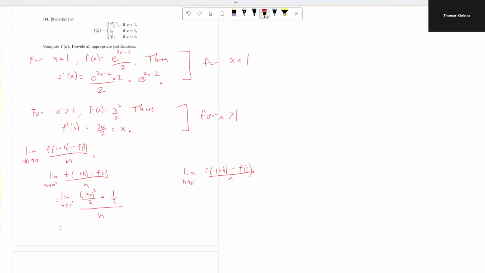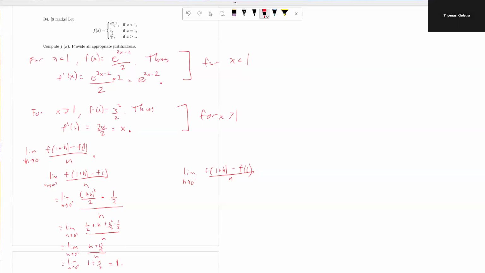And now I expand to get the limit as h approaches 0 from the positive of 1 over 2 plus h plus h squared over 2 minus 1/2 all over h, which equals the limit as h approaches 0 from the positive of h plus h squared over 2 divided by h, which equals the limit as h approaches 0 from the positive of 1 plus h over 2, which equals 1.